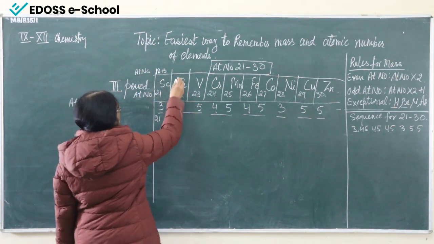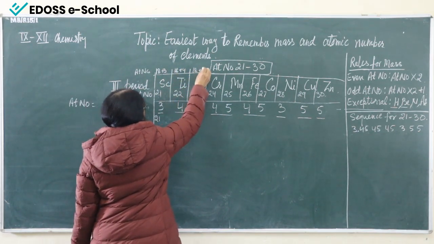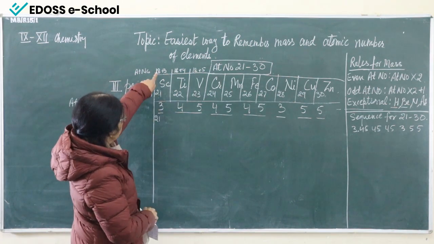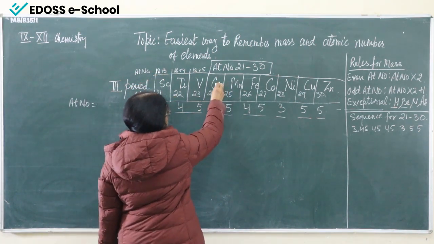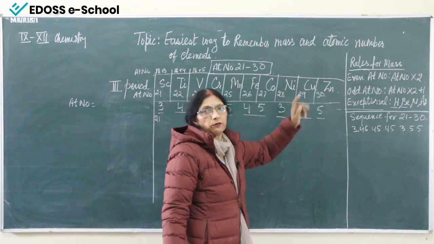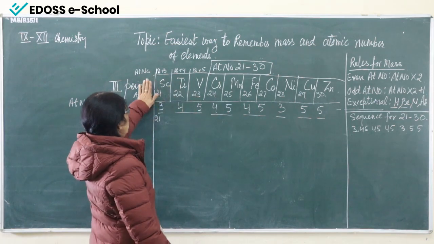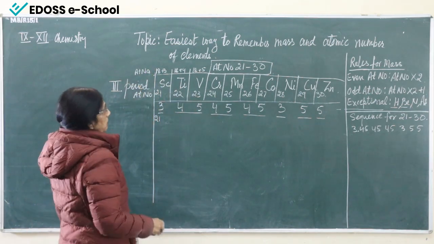This is 18 plus 4, this is 18 plus 5, means the group number you have to add here. Similarly 18 plus 6, 18 plus 7, 18 plus 8, 18 plus 9, 18 plus 10, 18 plus 11 and 18 plus 12. In this way you can get the atomic number.